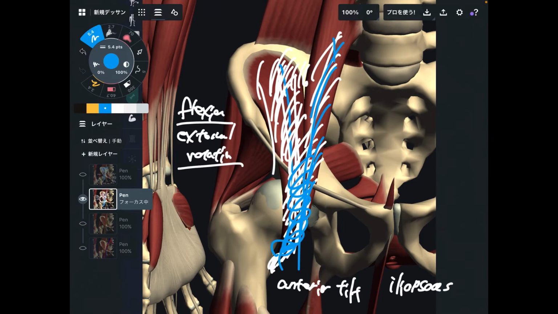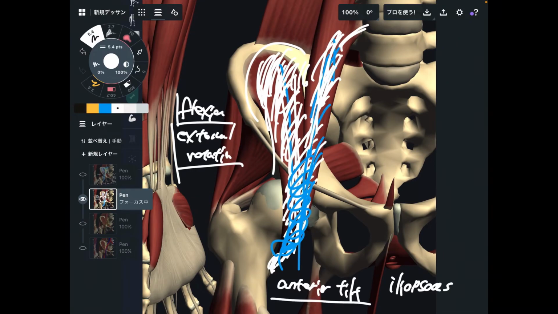However, psoas does not do anterior tilt of the pelvis. Why is that? Because psoas attaches to the lumbar spine. This muscle doesn't attach to the pelvis. See that? Psoas does not move the pelvis. This muscle moves the lumbar spine. Anyhow, movement of iliacus: flexion, external rotation, and anterior tilt.